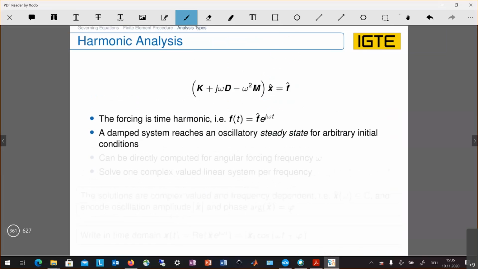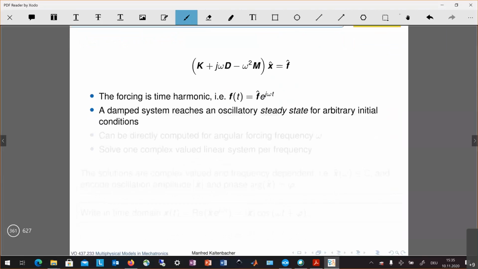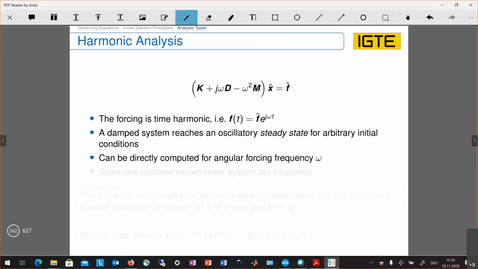Okay, so that is an approximation in this sense that we do not take into account any transients, and we have here the steady case what we can compute out, and that clearly we can compute for each forcing frequency omega.